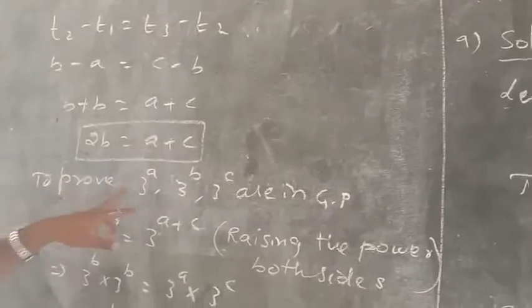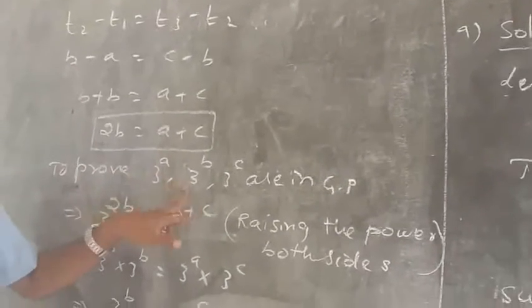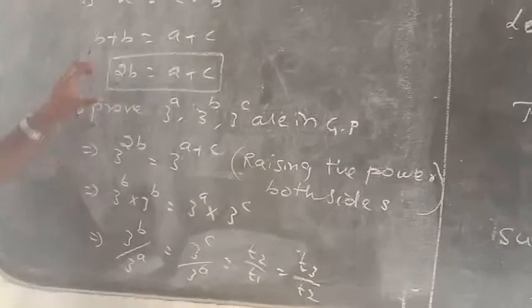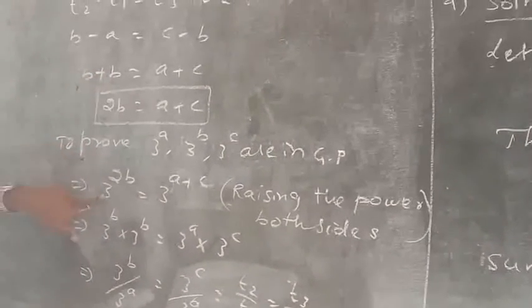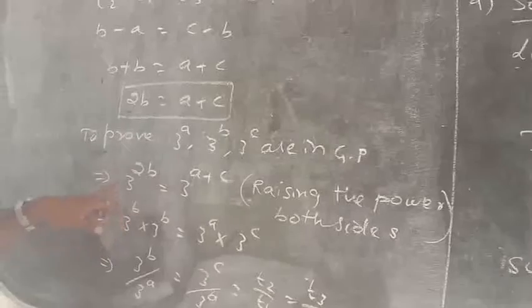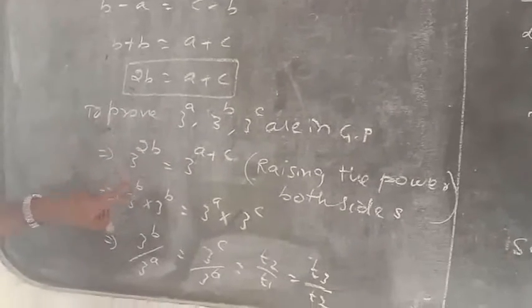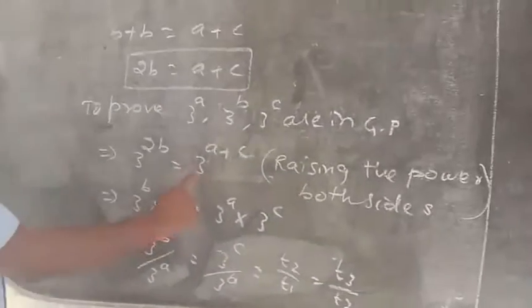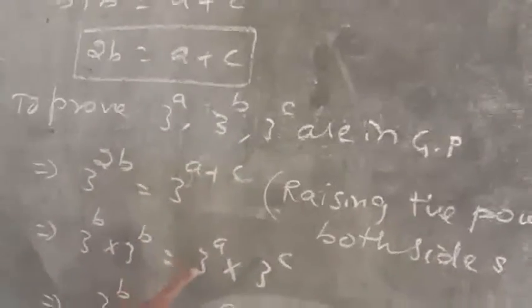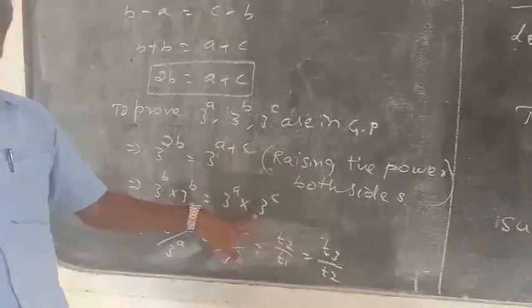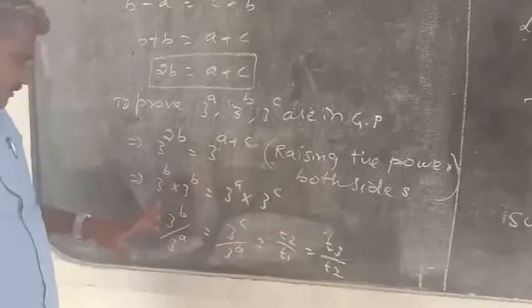To prove that 3 power A, 3 power B, 3 power C are in GP. So raise the power: this 3 power 2B is equal to 3 power A plus C. 3 power 2B means 3 power B into 3 power B is equal to 3 power A plus C, convert to 3 power A into 3 power C. This is law of exponent, the laws of exponent.